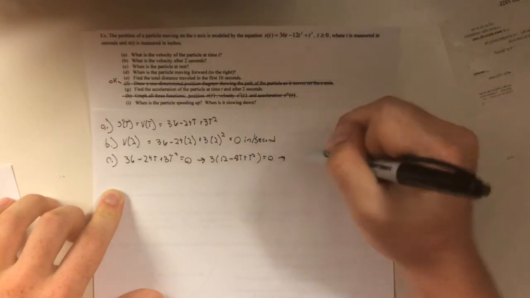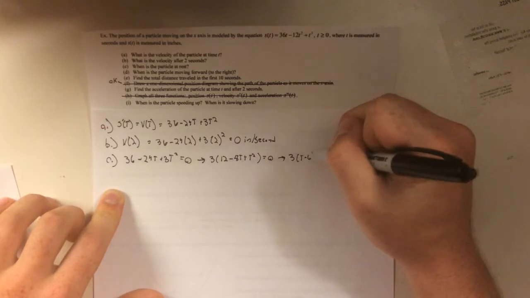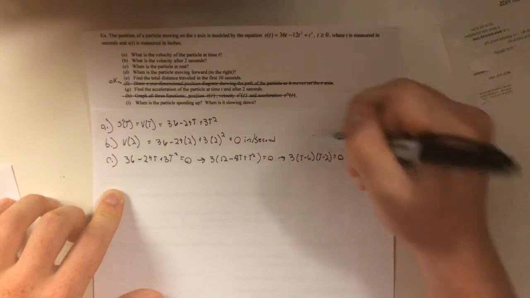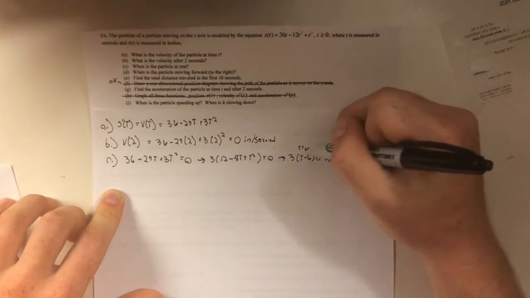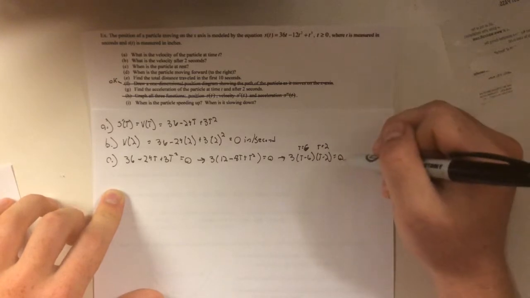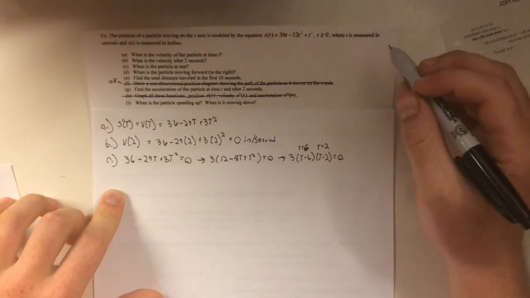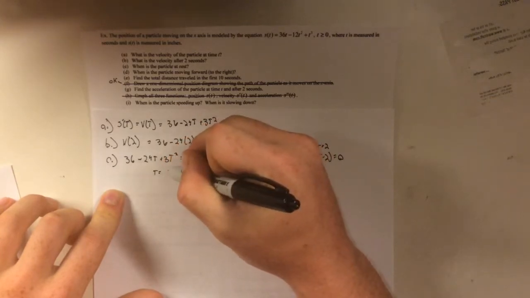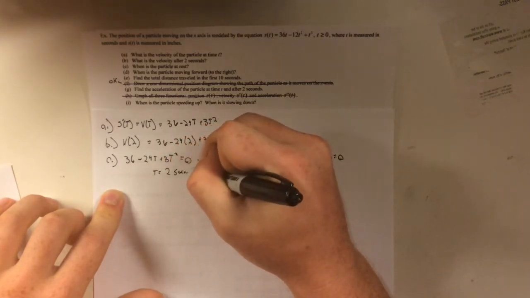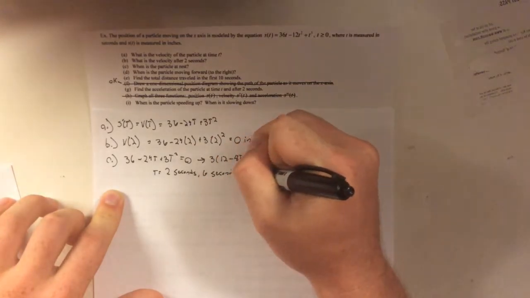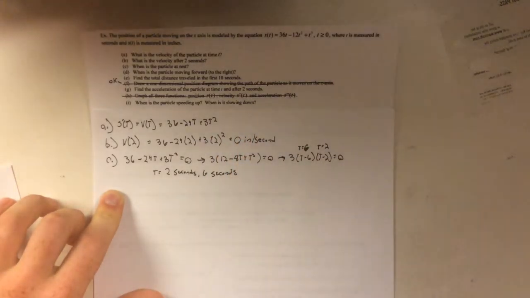Let's see, we got that 3 times t minus 6 times t minus 2 is equal to 0. So here we got t equals 6, and here we got t equals 2. So our times are 2 seconds and 6 seconds. And that is when the particle is at rest.